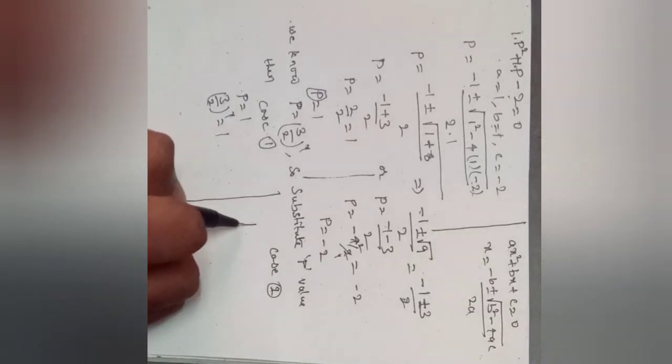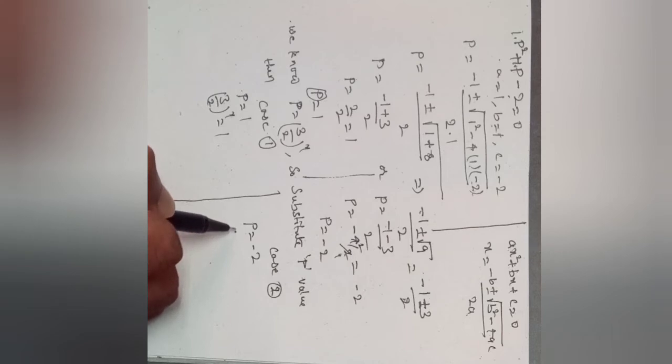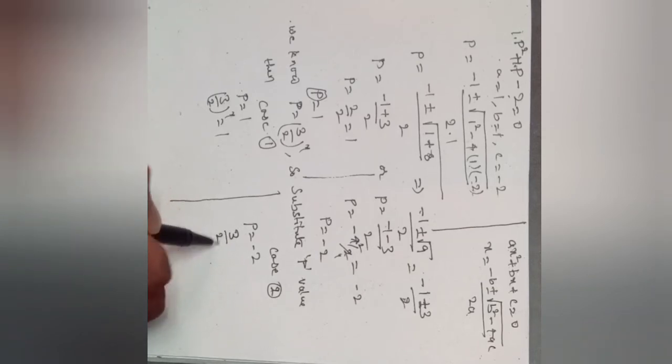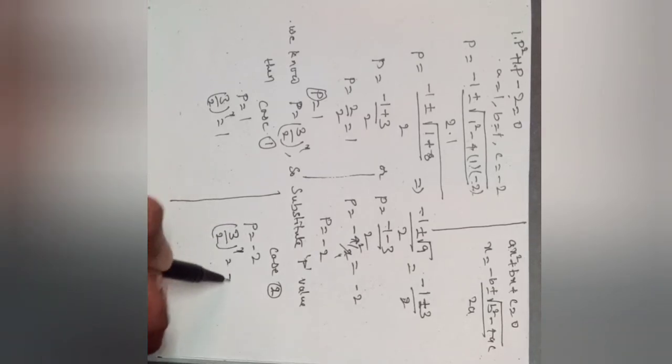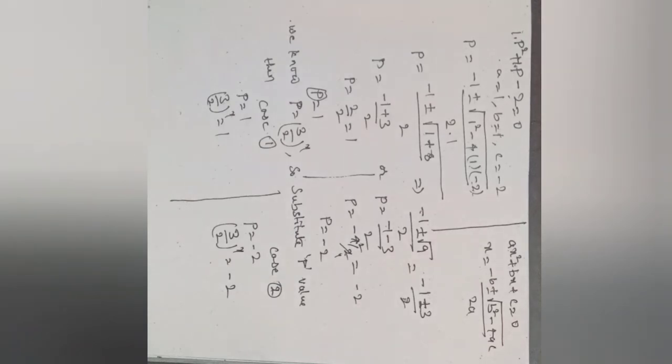Similarly, for p is equal to minus 2, we know the value of p, that is (3/2)^x is equal to minus 2. So I just said that we can do it in two ways, by manipulation and also by using the logarithm we can find the value of x. Firstly, I'll show you how to manipulate it.